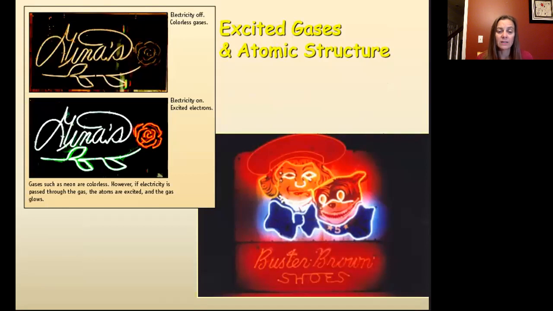But when the electricity is turned on, electricity excites the electrons, and they jump up to higher energy levels. They can't stay there because that would require continuous energy. So when they fall back down to their original levels, they give off that energy in the form of light. And so we can determine how much energy it takes to change levels by observing that light.